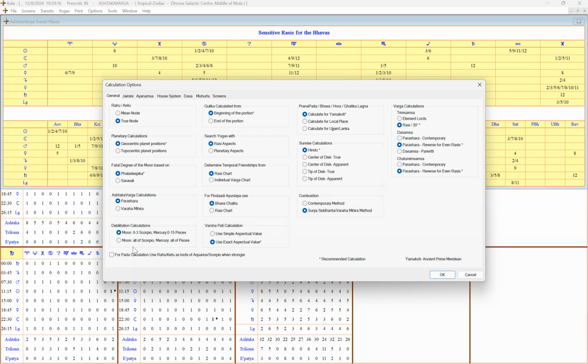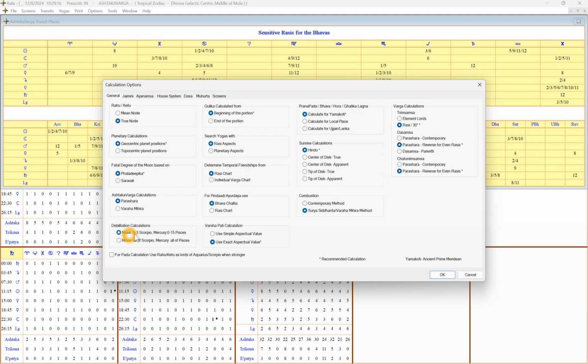Okay. Then we have debilitation calculations. Parashara tells us that the moon is exalted from 0 to 3 of Taurus, and Mercury is exalted in 0 to 15 of Virgo. And that opposite of exaltation is debilitation.